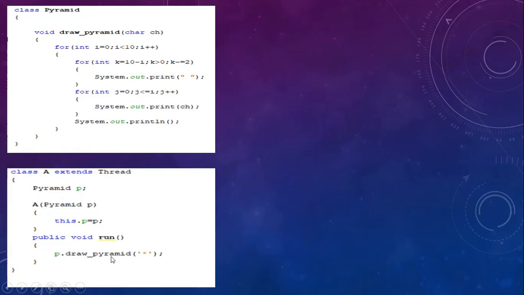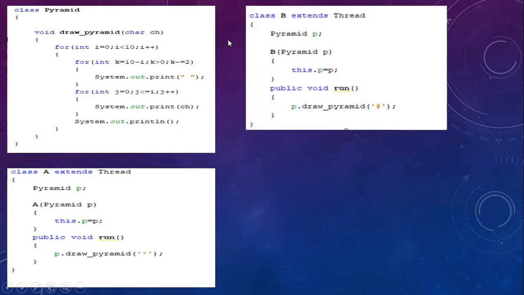So when this method is called, the call will be linked to the code, ch will be supplied with star, and all this printing of the pyramid will happen with stars. Basically thread A tries to access this drawPyramid method and print the pyramid with stars. Now I have another class B that extends Thread. The code is similar.